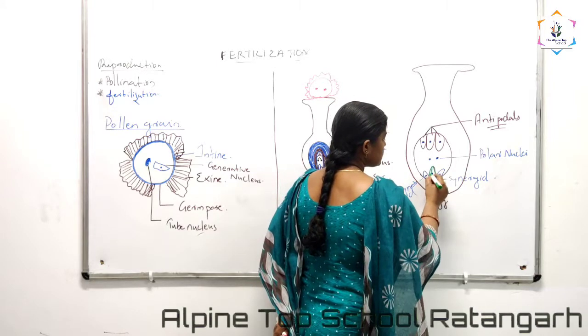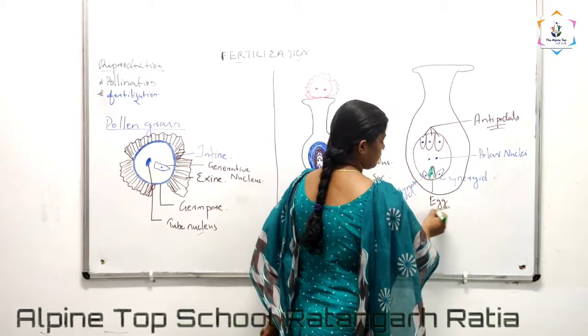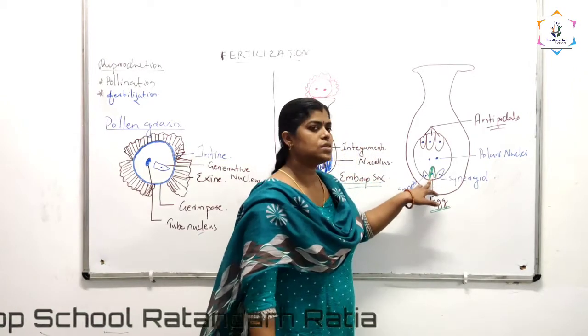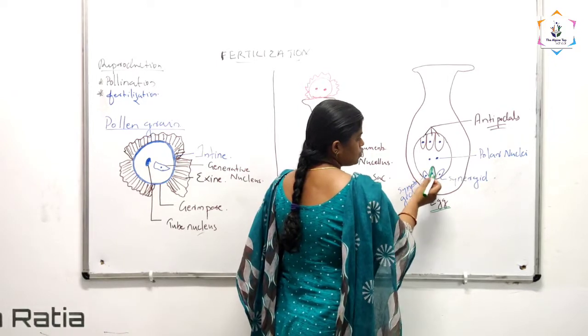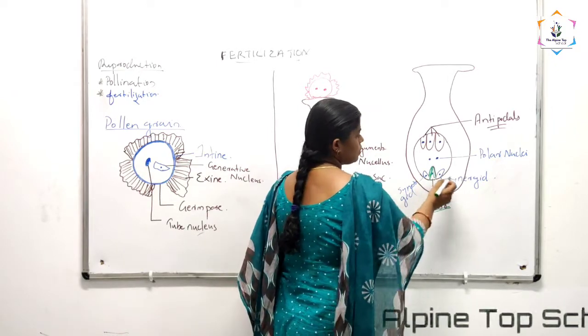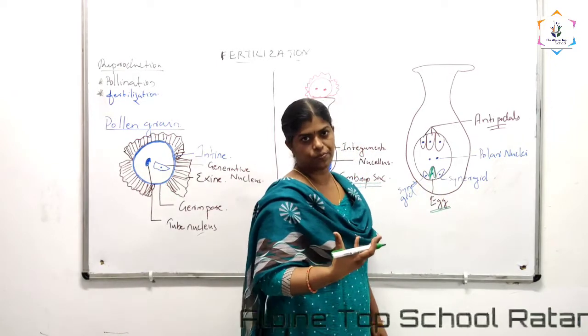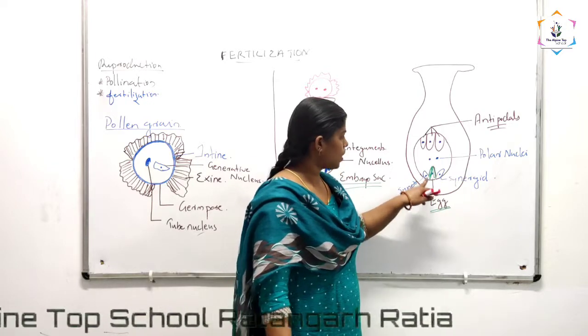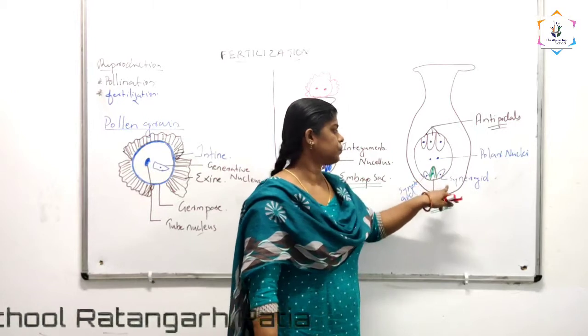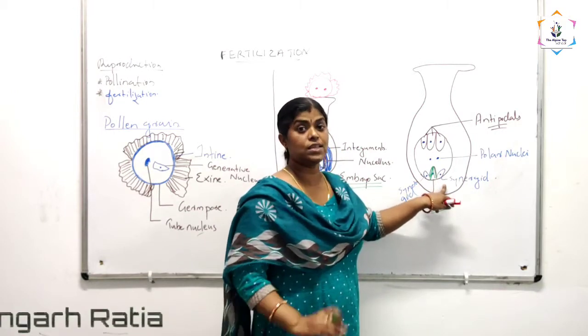And the centrally placed cell is known as the egg. Okay, centrally placed cell is known as the egg, and both sides 2 more cells are there, and these are known as the synergids. Okay, centrally placed egg cell is there, and with that both sides synergids are there. Synergids.